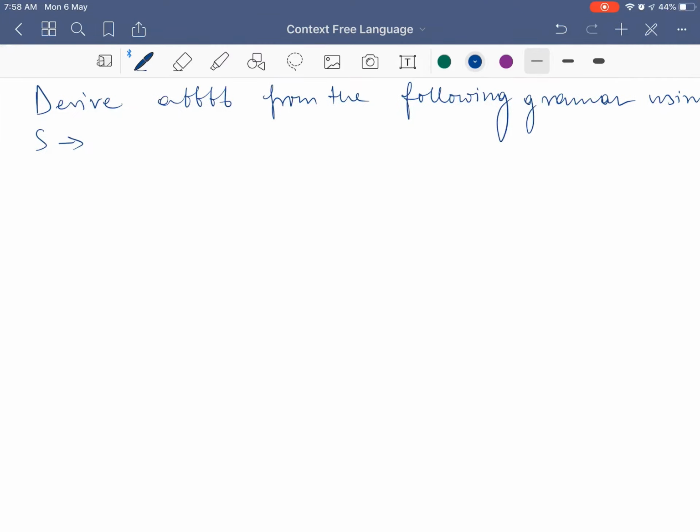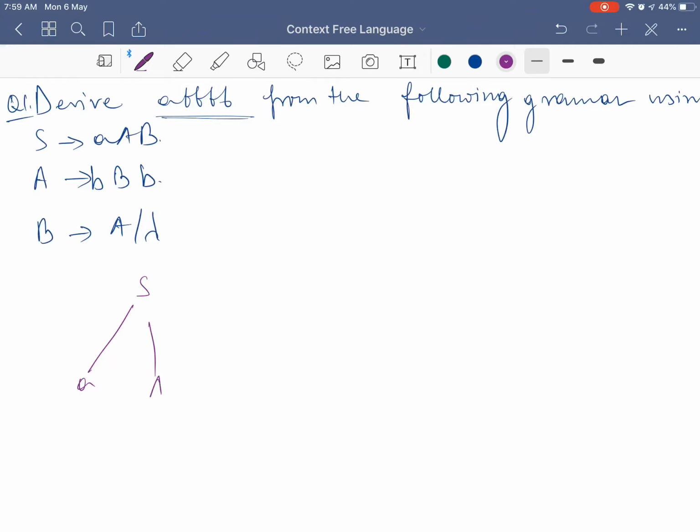Now my grammar is S to AAB, A to BBb, B to A, then lambda. Now my ultimate goal is to find out S to A4B. This is question number 1. Now start with the derivation tree.